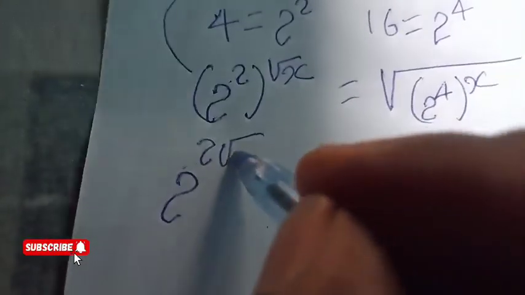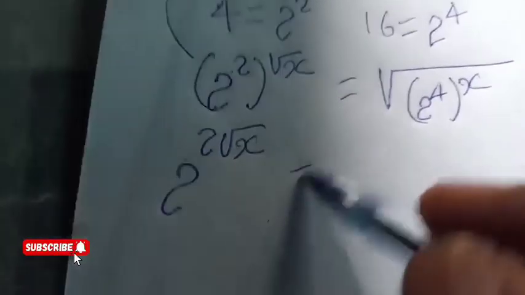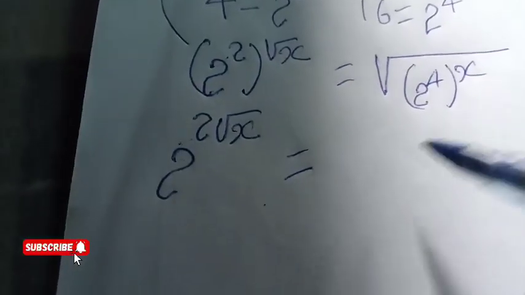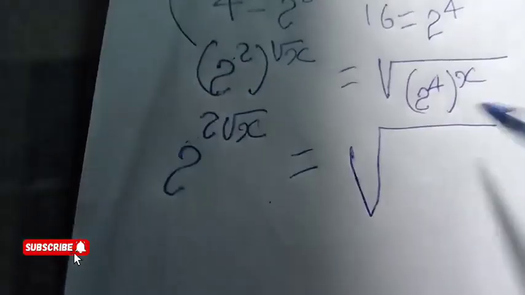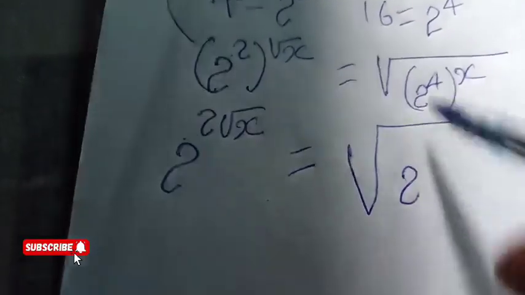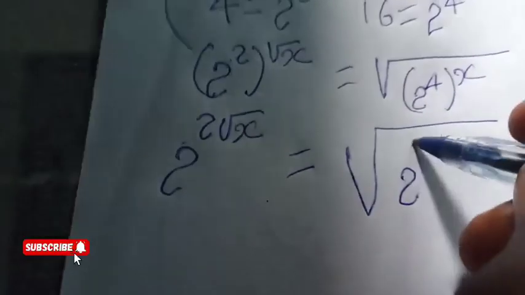2 to the power of 2 times radical x is 2 radical x. Also, radical 2 to the power of 4 times x is 4x.